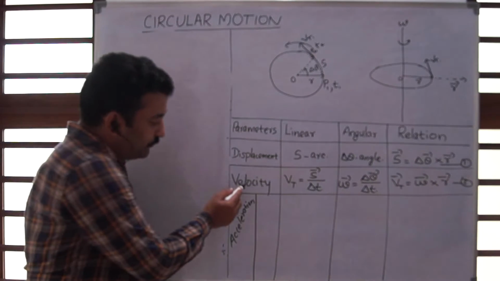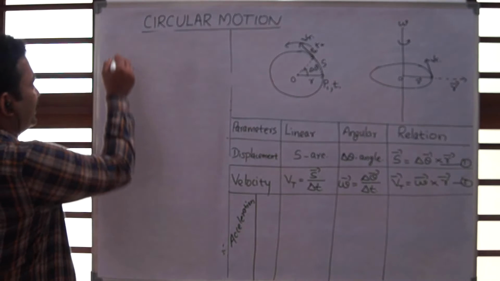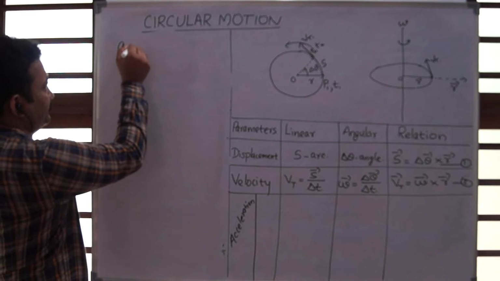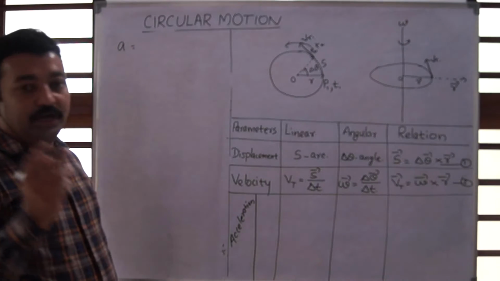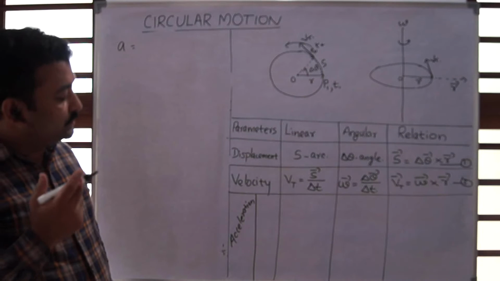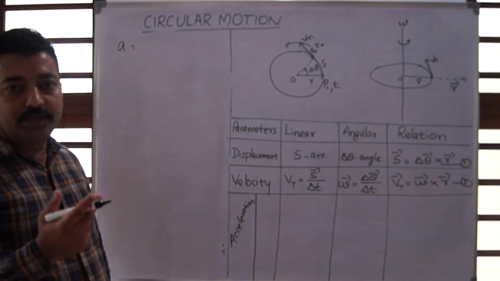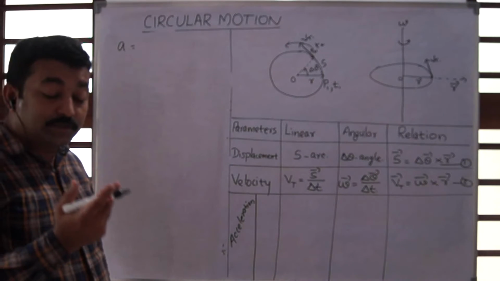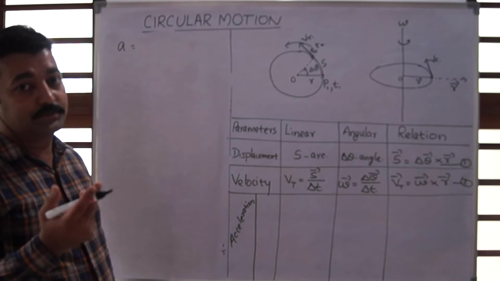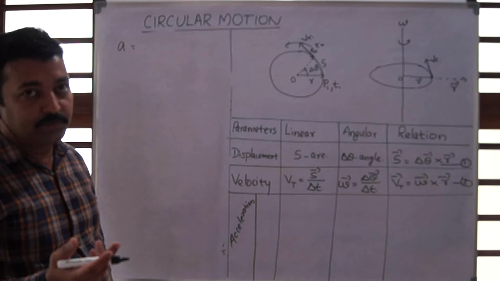All of you know that acceleration is the rate of change of velocity, or delta v divided by delta t. As velocity is a vector quantity, its direction can change or its magnitude can change.